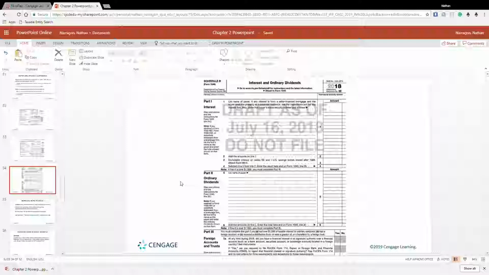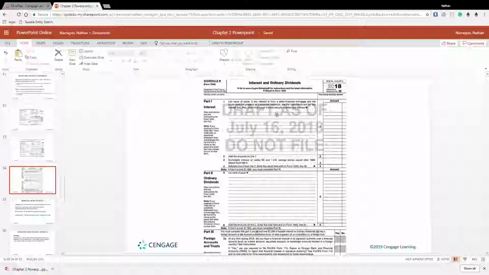So this is our Schedule B. Now we're going to get into a lot of the schedules, but this one, as you can see with the watermark, was the draft at July 16, 2018. Right now this is actually still the actual one. Since we're dealing with the book, we have to keep their drafts as they are. But basically, part 1 deals with all the interest.